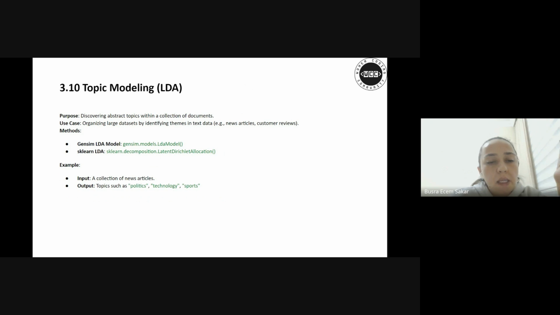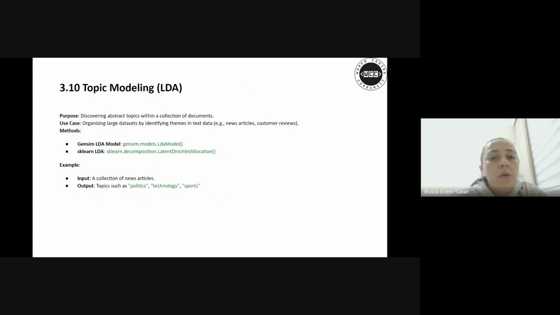Some key use cases for topic modeling: we can also use it on customer feedback, where you could catch themes like product quality, pricing, or customer service by using an LDA model. Again, there are a few ways to perform topic modeling.